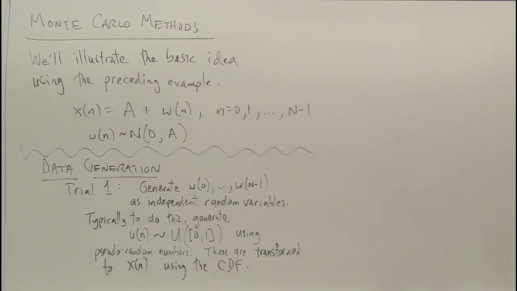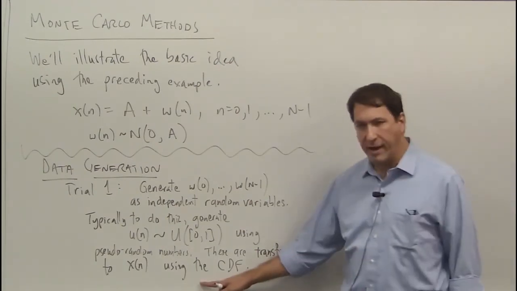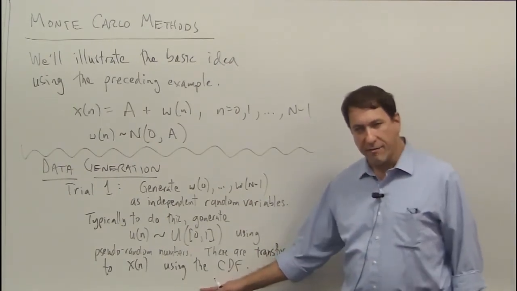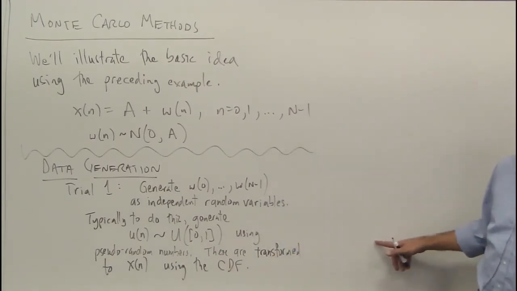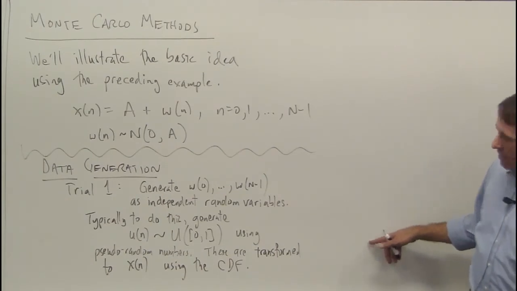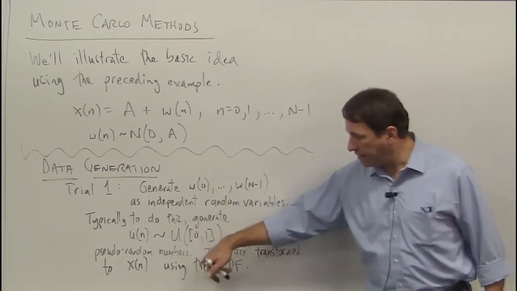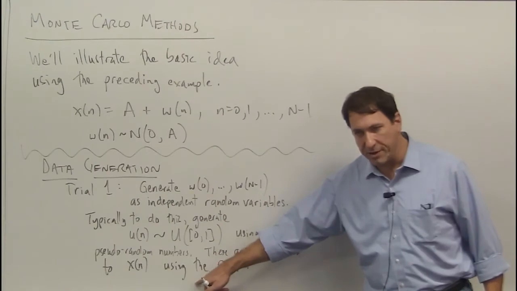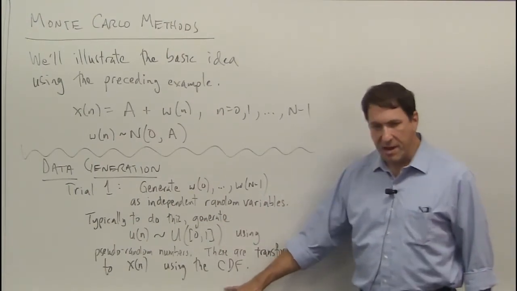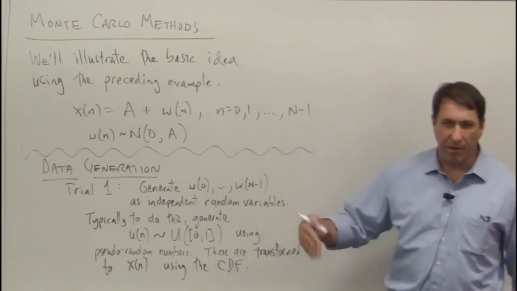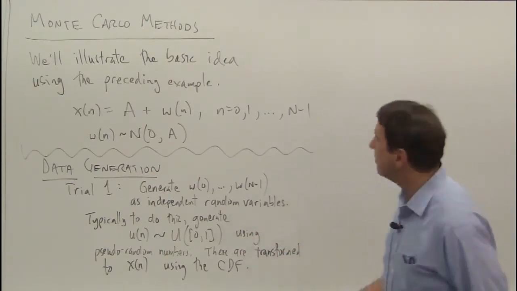The cumulative distribution function starts at 0 at a value of x equal to minus infinity, and ends up at a value of 1 at plus infinity. And then we just find out where we are between 0 and 1. The cumulative distribution function is the probability that the random variable x is less than a particular value.